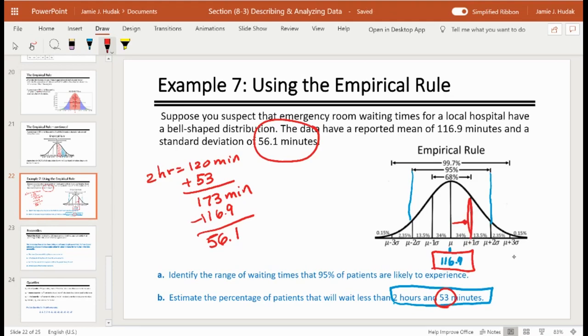The question says estimate the percentage of patients that will wait less than this. So that means all of this part of the curve, we want to know what percentage this represents, because that's less than.